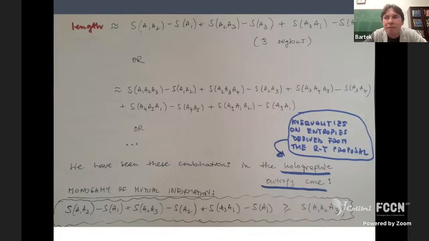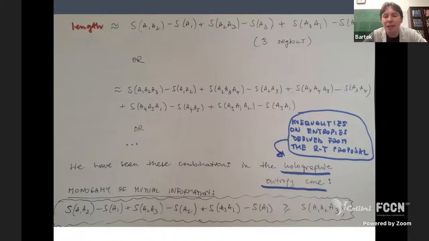They asked, if I have a Ryu-Takayanagi formula, does just the fact that my entropies obey the Ryu-Takayanagi formula impose some conditions on the values of the entanglement entropies of a system? And the answer is yes. And if you knew all such constraints, then you would say that you have solved for the holographic entropy cone.